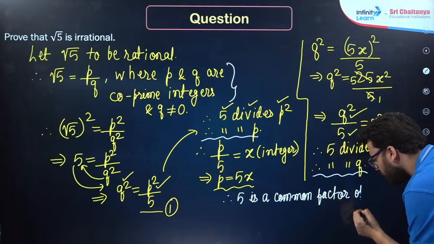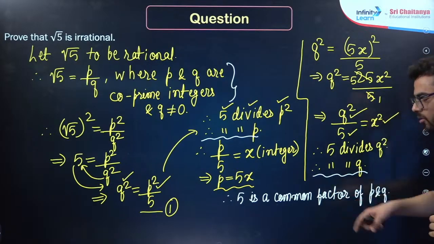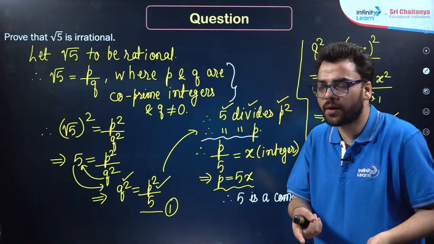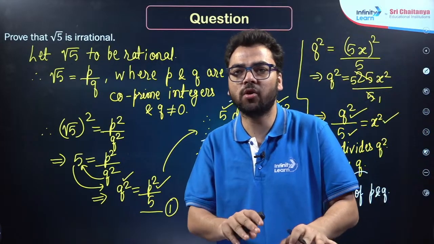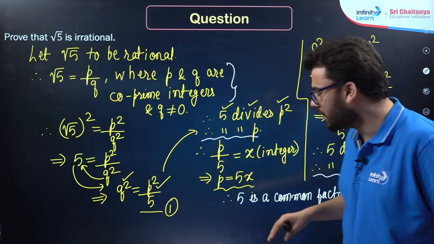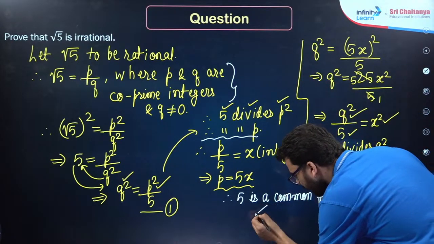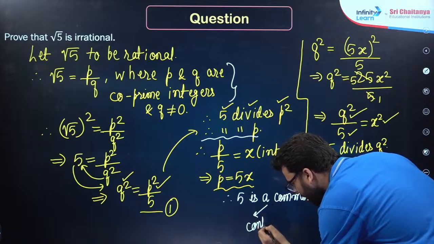Isn't this a contradiction? Because p and q were co-prime numbers, they must not have any common factor except 1. But we are getting that they have a common factor other than 1. This is a contradiction.